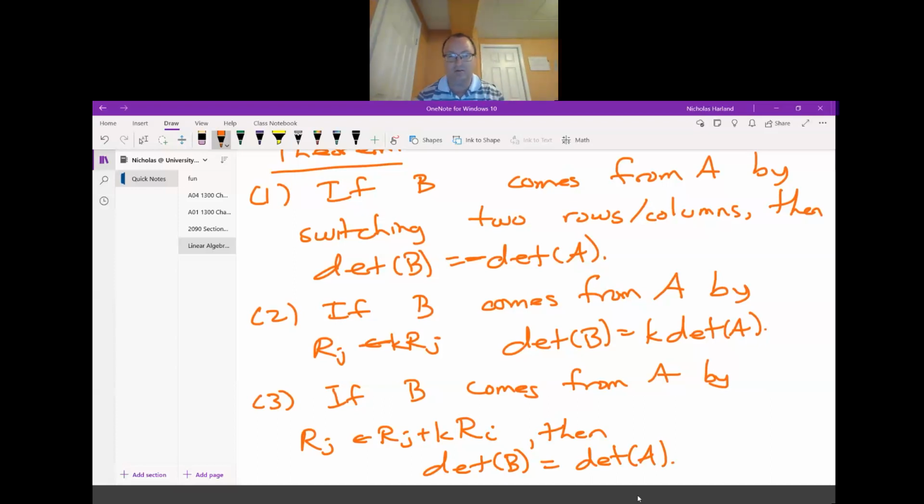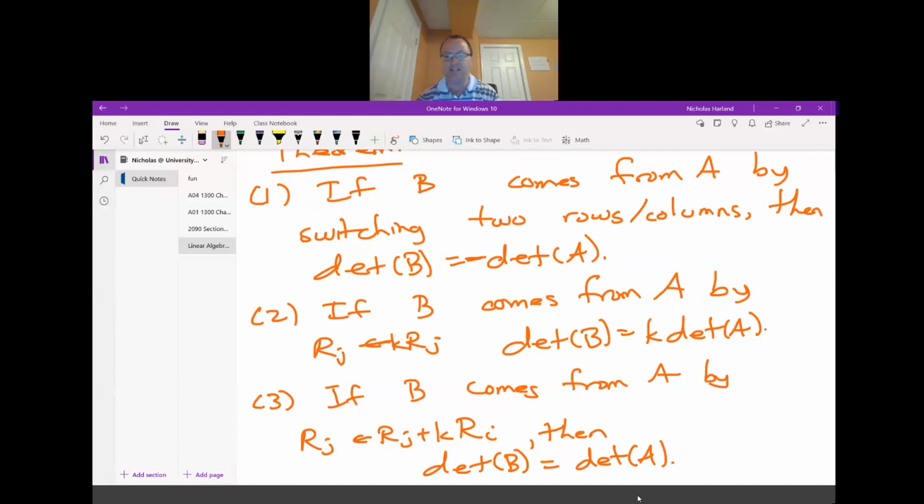That one might be the weirdest because you're adding a multiple of one row to another, and you might expect something to change, but the determinant doesn't actually change. It's kind of interesting, but certainly something that could be shown and, depending on whether or not I'm your teacher, something we'll discuss in more detail in class where students can ask a few more questions.